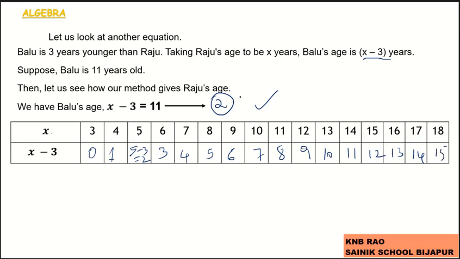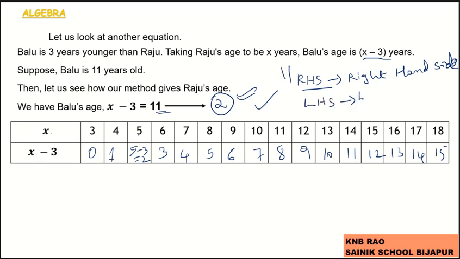Now, for this equation 2, there is the RHS value, the right hand side. On the right hand side we have got 11, and the left hand side, LHS, in this equation is x minus 3.